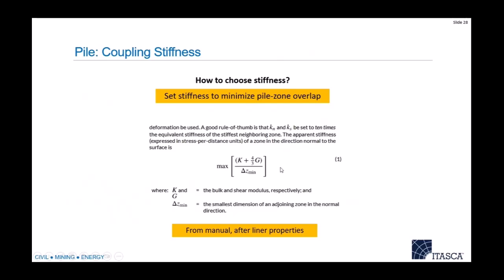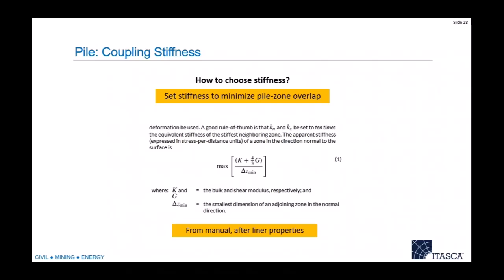What almost always happens, and is completely fine, is that you have a Young's modulus of 100, for example, for your zones. People always just increase that by a factor of 10 for the stiffness of their structural elements. So the stiffness will be, both in normal and shear direction, 1,000.